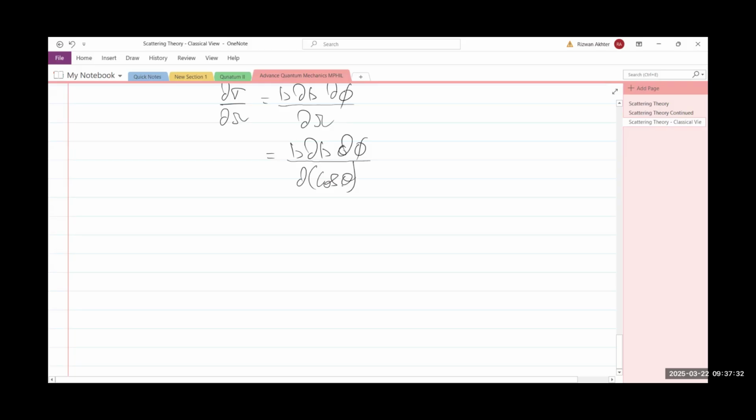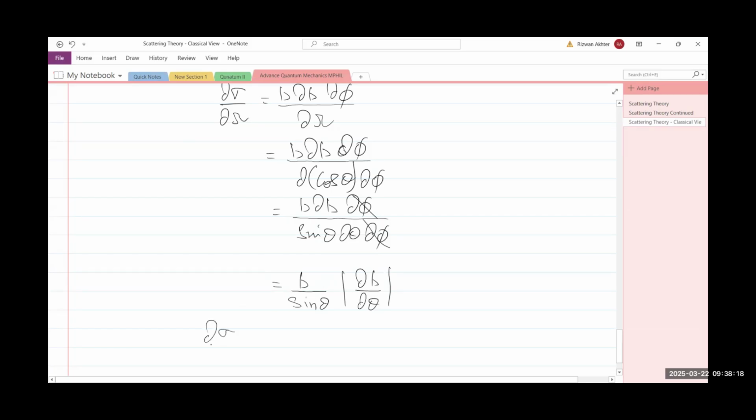Cos theta is an argument of d into d phi, or this can be written as b db d phi upon sin theta d theta, और ये d phi और ये d phi cancel out हो गए, तो आपके पास जो relationship आ गई, b upon sin theta into mod of db over d theta.